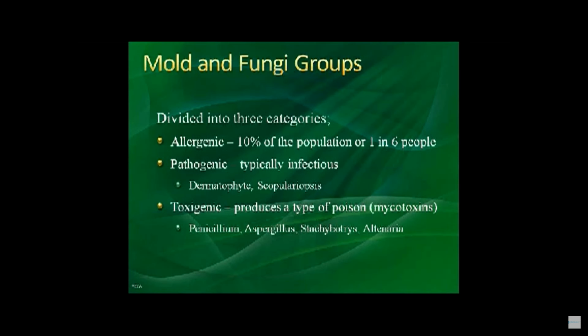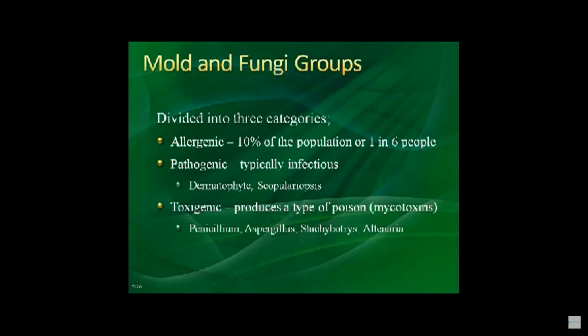Pathogenic molds are your typically infectious molds. I give you mold definitions here, or mold types: dermatophytes and Scopulariopsis. Dermatophytes are your molds that would be ringworm, fungal nail, athlete's foot.